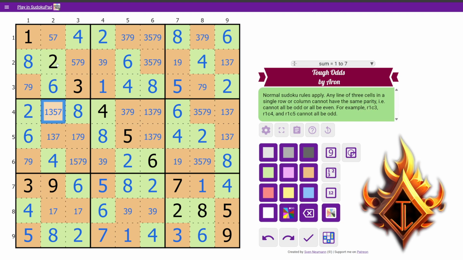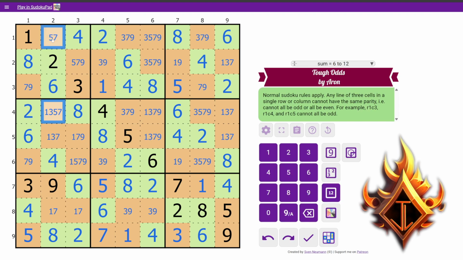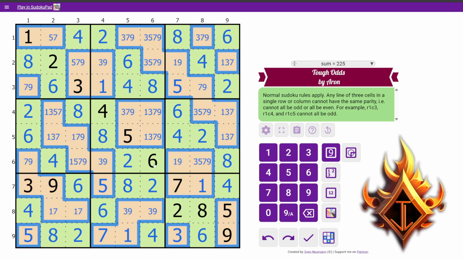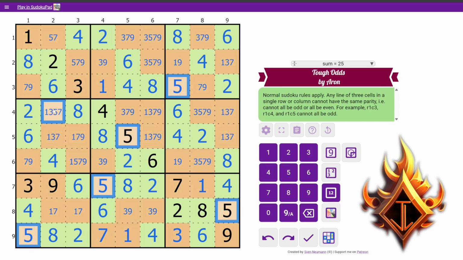A 5 can go there or there. Maybe I check that. If that is a 5, let me do this again. That is a 5, that is a 5, that is a 5.